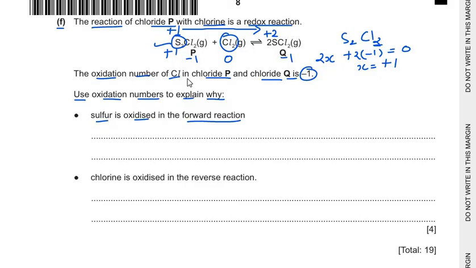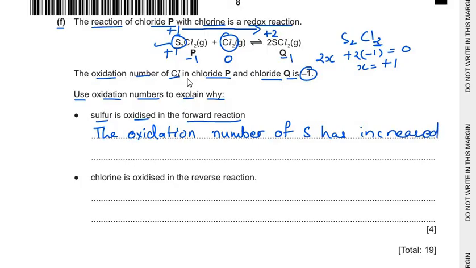Let's write that the oxidation number of sulfur has increased from +1 to +2, and so it is oxidized.